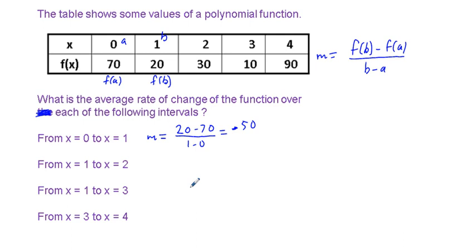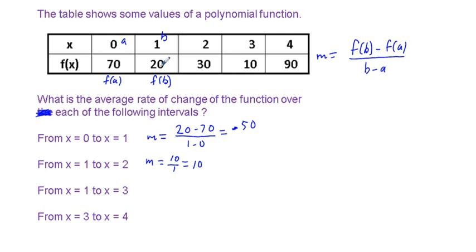So that's that. From 1 to 2, you see we're going up 10, but b is up 1, so for this one, m equals 10 over 1, which equals 10. That's our average rate of change.